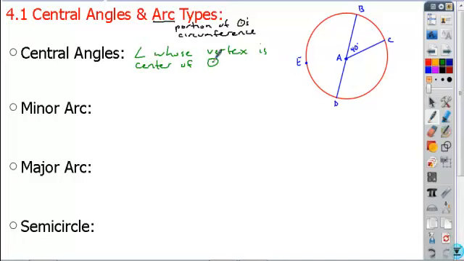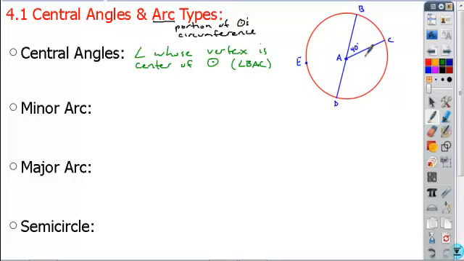In this particular case, our central angle is any angle with vertex A. So we're looking at angle BAC, angle CAD, angle BAD, and even reflex angles, angle BAC, again in that beyond 180 degree rotation.